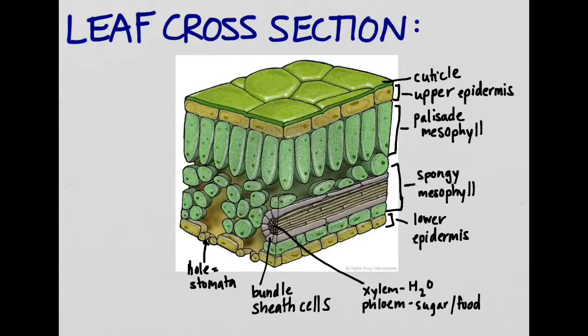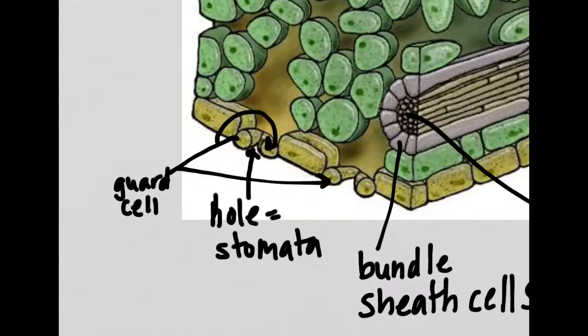And then surrounding those actual holes, we have specialized cells which are called guard cells that will surround the stomata. They're sort of shaped like two cupped hands. So you can see one guard cell that I have there. You also have another one on the other side of the hole. Here's another guard cell and another guard cell with a stoma in between where the gas exchange can happen.